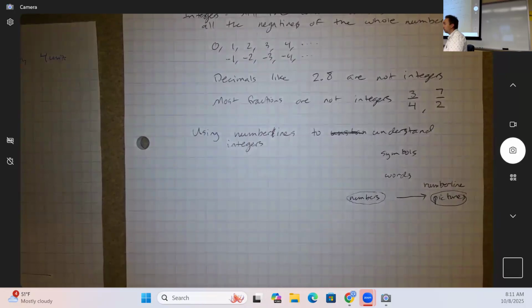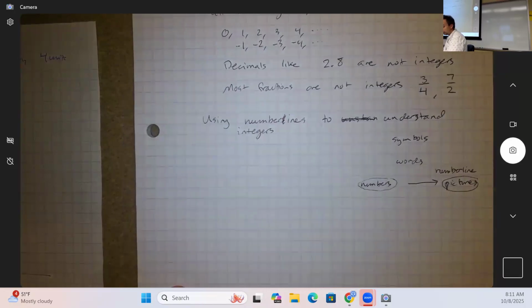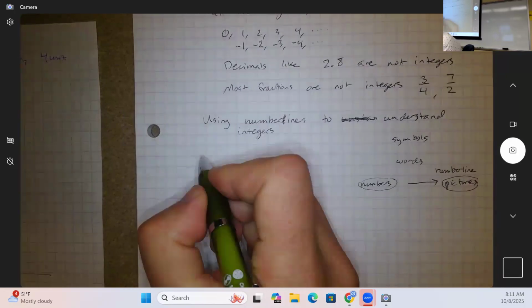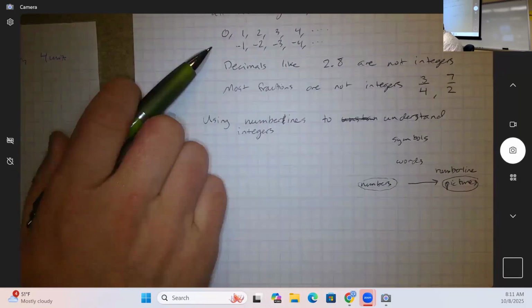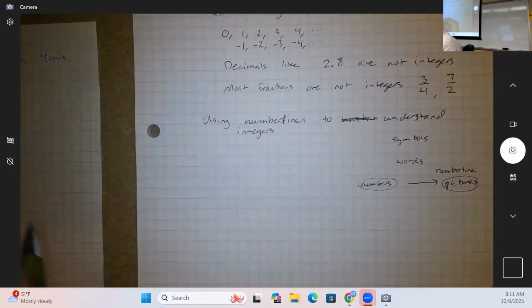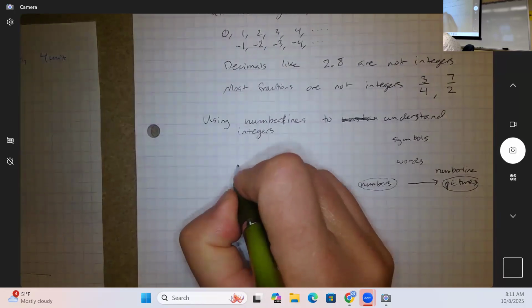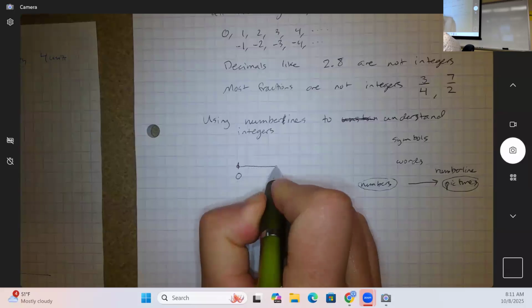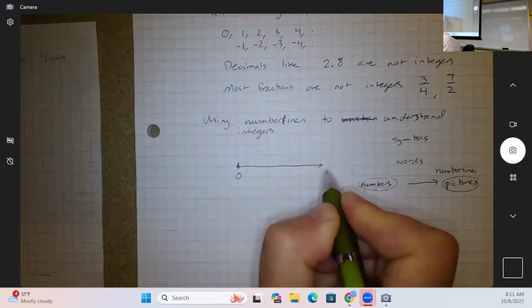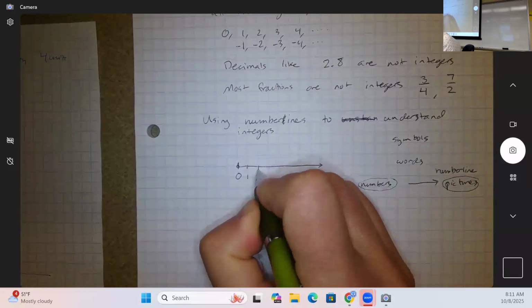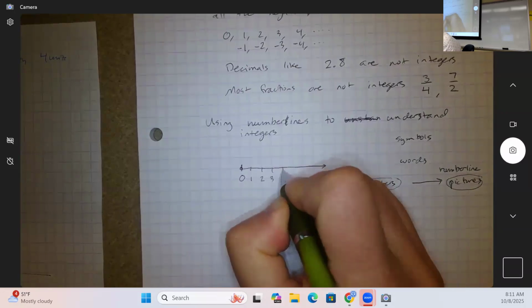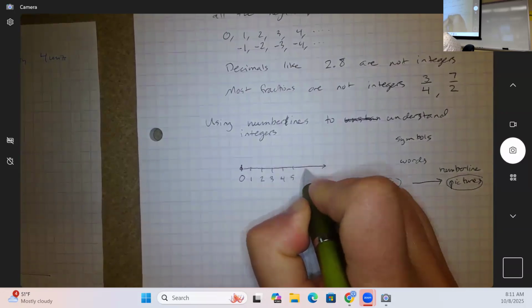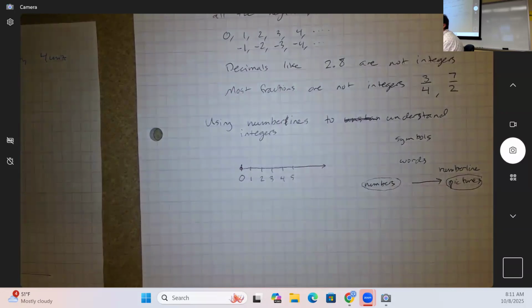So it's pictures that represent integers. And if we build our integers the same way we built our numbers, we would start at 0. And then we would walk to the right and take equal-sized steps and go on forever and ever.